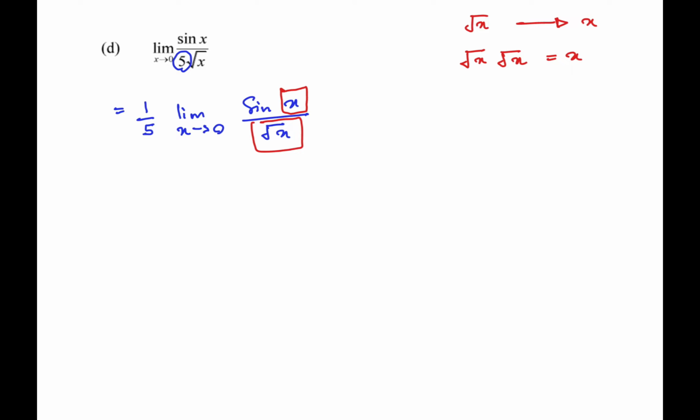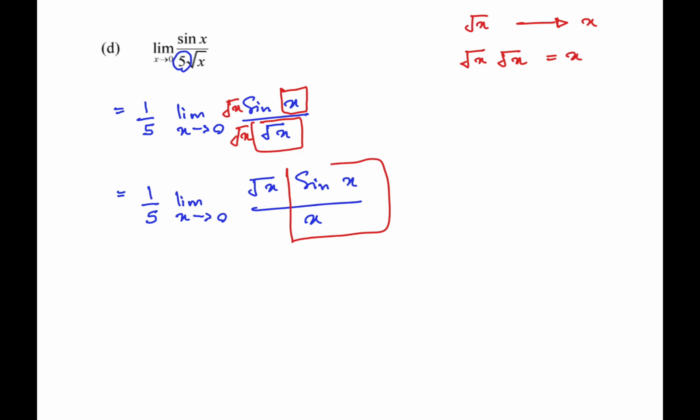So you must multiply by square root of x here, and the upper part also times square root of x. So we get 1 over 5 limit x approaches 0, square root of x times sine x divided by square root of x times square root of x, which equals x. So here this one equals 1.